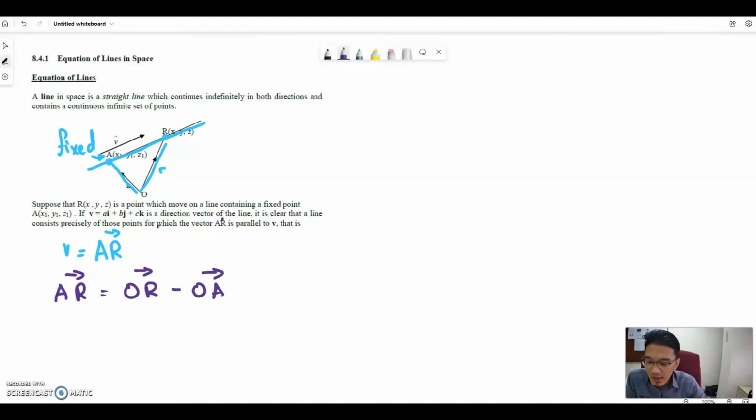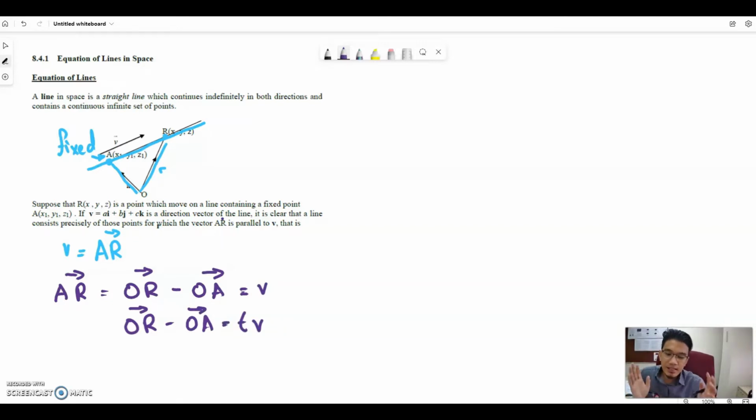Since vector AR is also equal to V, this OR minus OA will equal V. Since vector V is only a direction vector, we don't know its length or magnitude, we only know the direction. So it can be said that OR minus OA is equal to tV.